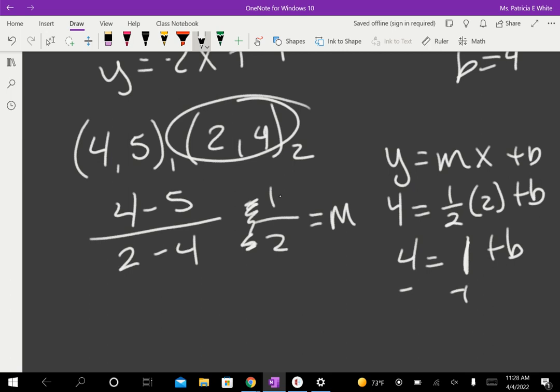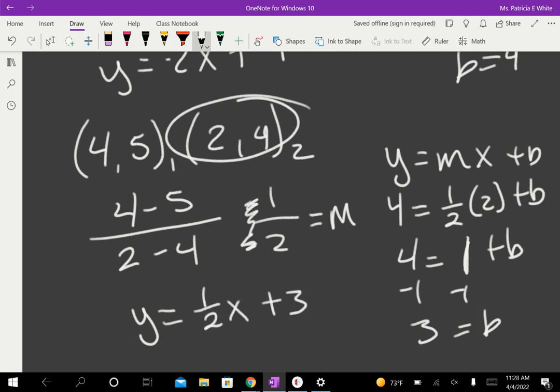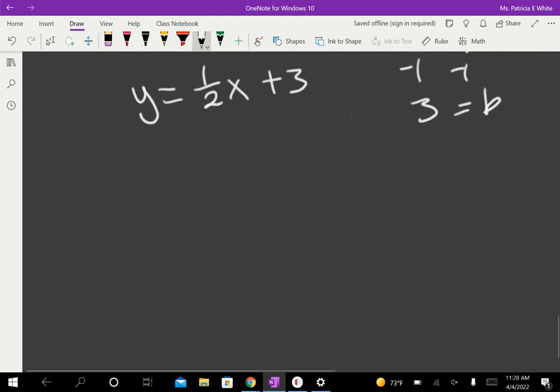And what does b end up being? So y equals 1/2 x plus 3. And if this had turned out to be a negative 3, I wouldn't be writing plus 3. I'd be writing minus 3, right? Was that number 3?